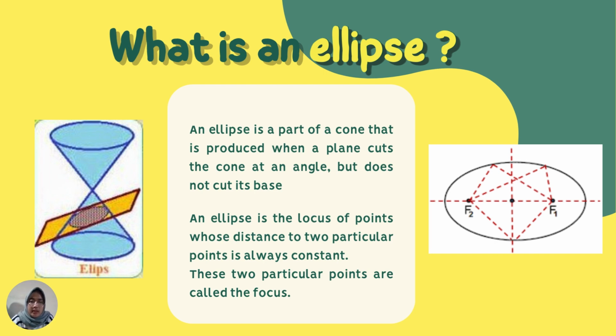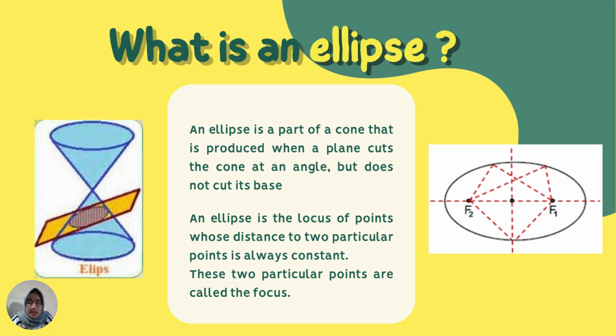And for the general understanding of ellipses, what is an ellipse? An ellipse is a part of a cone that is produced when a plane cuts the cone at an angle but does not cut its base.